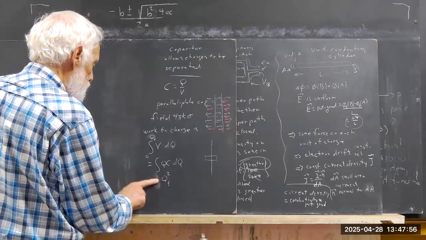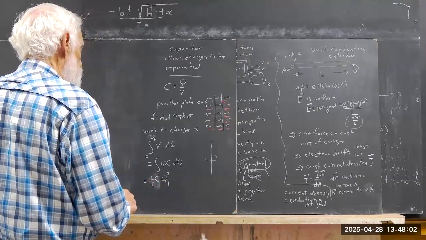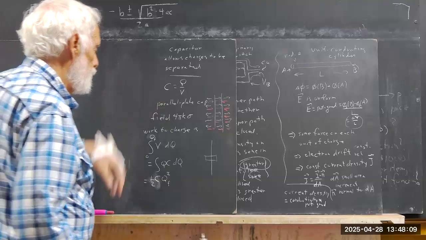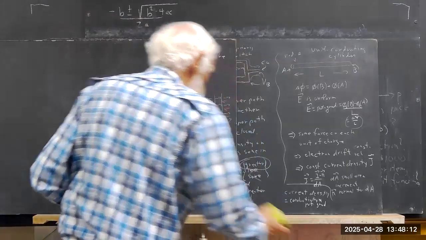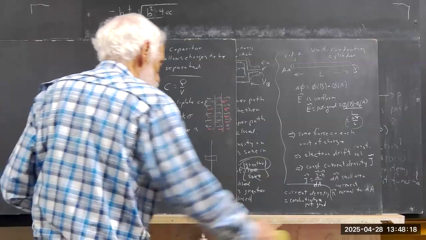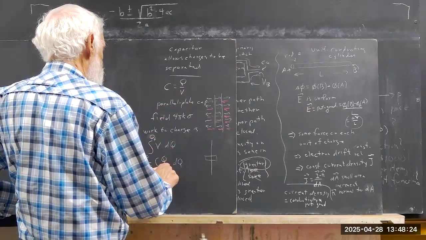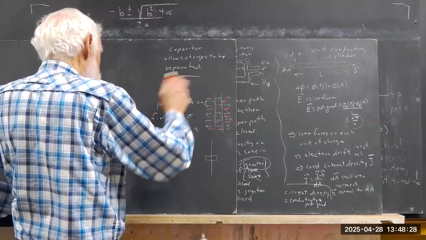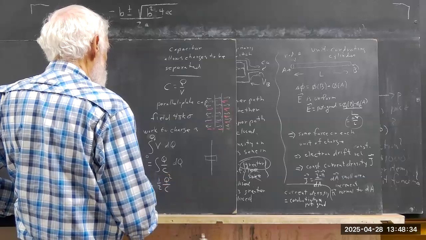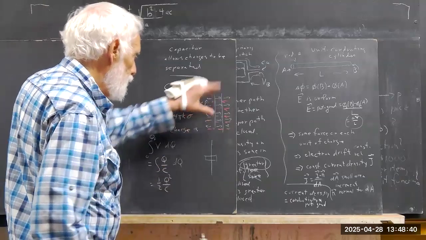Usually put the C first. The potential difference is Q over C. V is Q over C. One half Q squared over C, that's the energy in the capacitor.